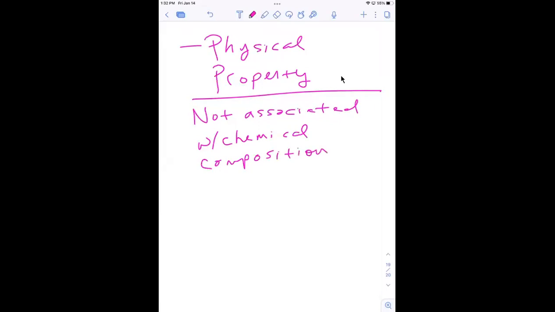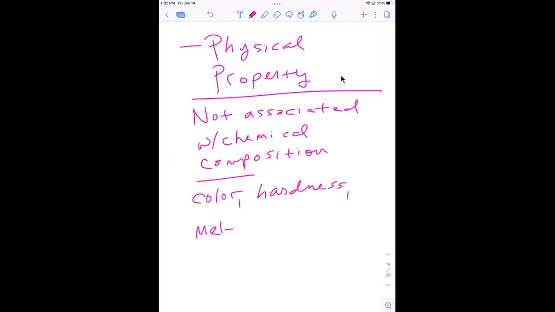So like a color. Color, good. Tell me something else. The hardness. Hardness. What else? What about melting point, freezing point, boiling point? All of those are physical properties.